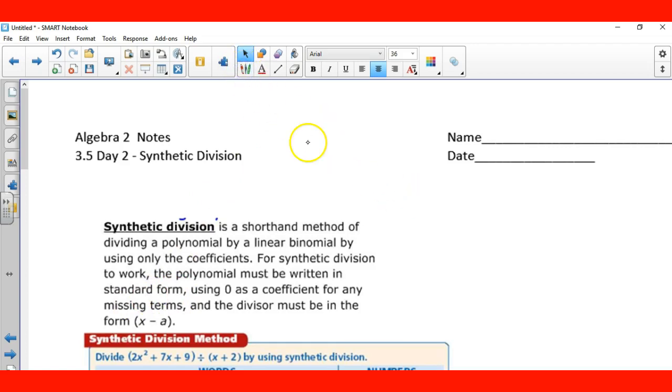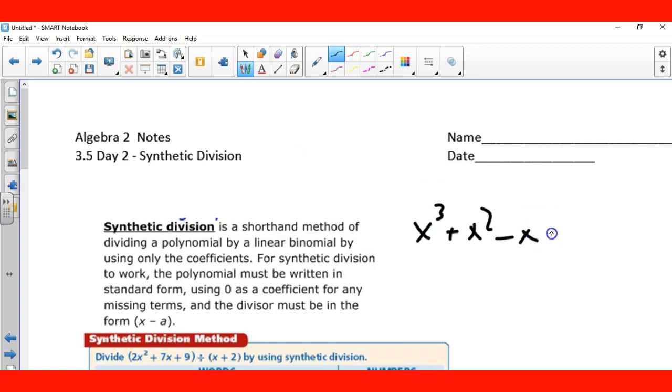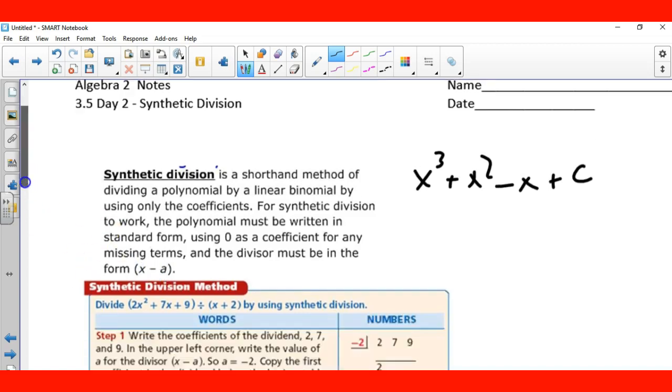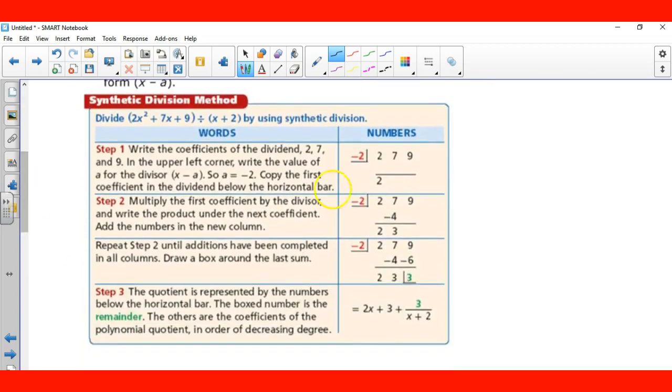So you want your exponents to be written like x cubed, x squared, x, then your constant, whatever your constant is. You use zeros as a coefficient for any missing term. And the divisor must be in the form x minus a.